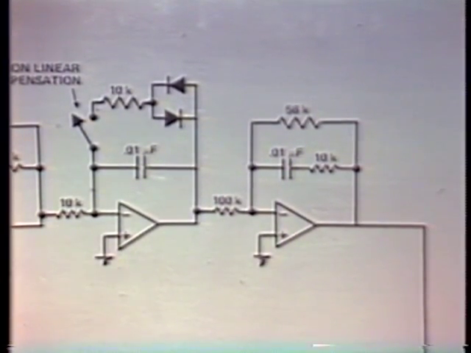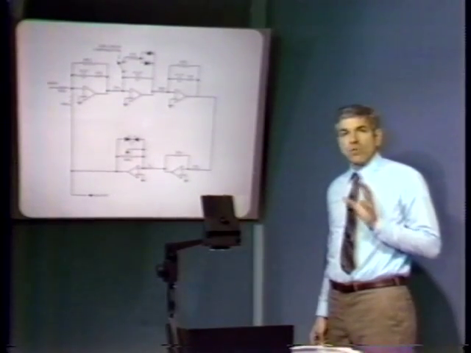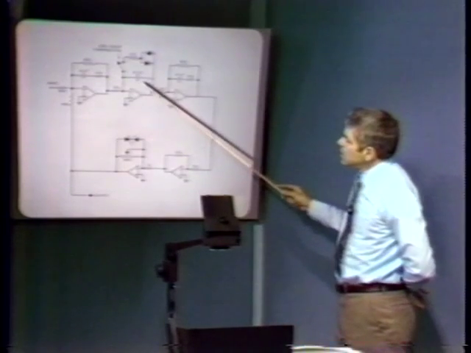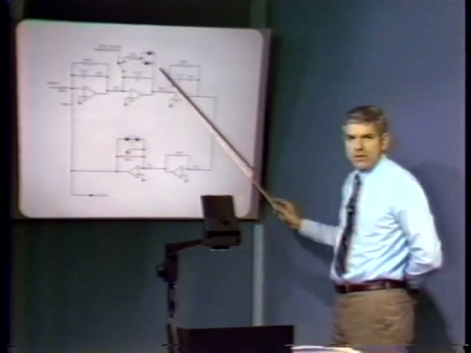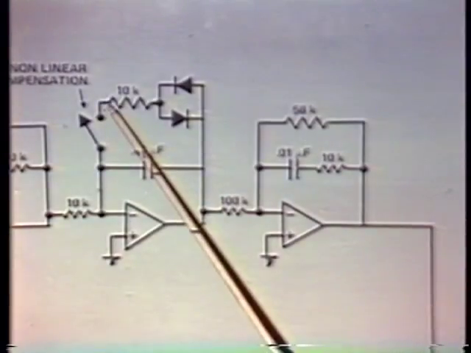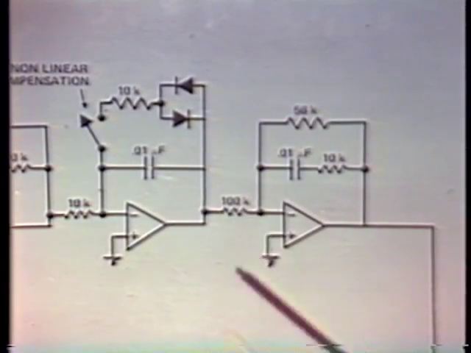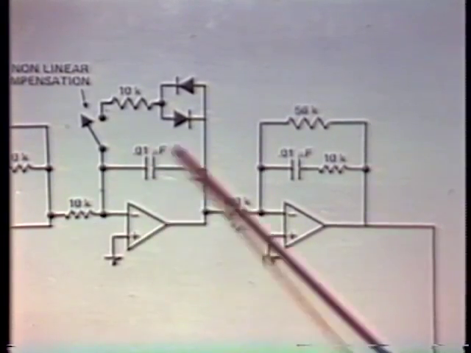However, when the system pops into the mode where it's oscillating at the low frequency as predicted by our describing function analysis, the signal at this point becomes quite large. It becomes significantly larger than 0.6 of a volt. Consequently, if we close this switch, what happens effectively is that when the system's oscillating, or tries to oscillate, we don't have an integrator.